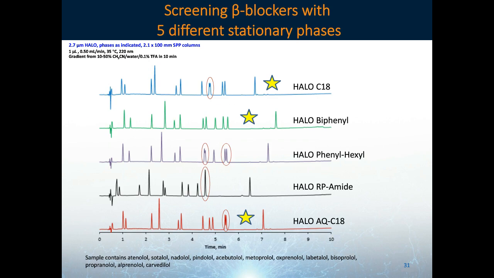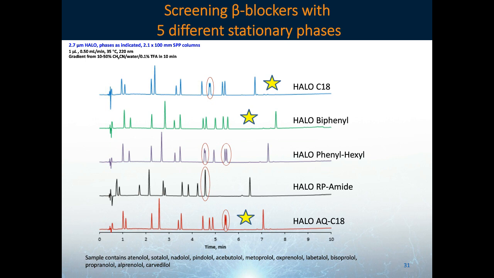So here's the comparison with the 5 different Halo phases, and the separations marked with stars will be the ones that we would then go on to further optimize. And you can see there are some coelutions with all the bonded phases except for the biphenyl phase. So that was one that we were particularly interested in, and that one would go on to further optimization.